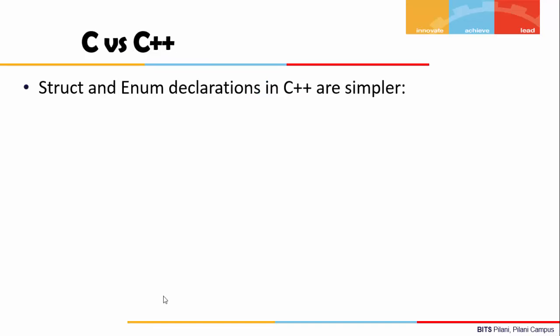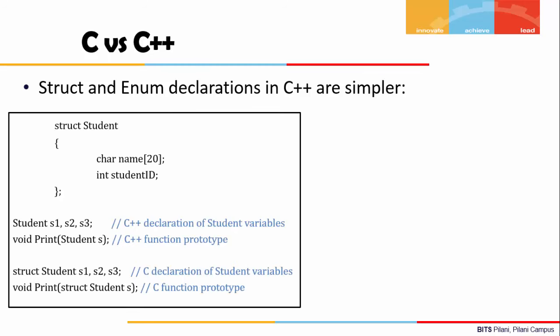Now come to another topic, that is structures and enumerations. C++ supports structures to remain backward compatible with C. But there are some differences in using struct and enum in C++. If you see this example, you have a structure student with these variables. In C, we need to use the struct tag whenever we declare a struct variable.